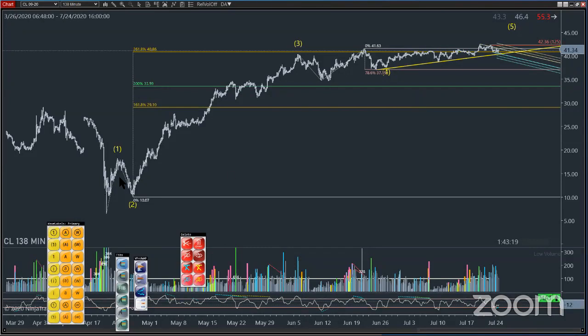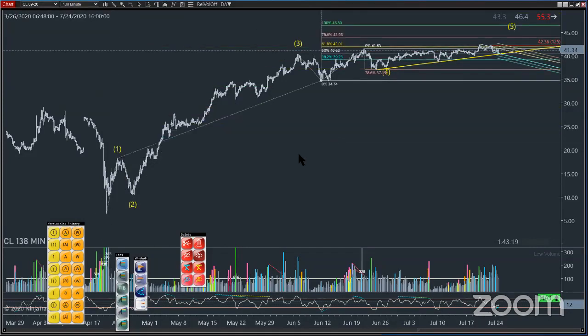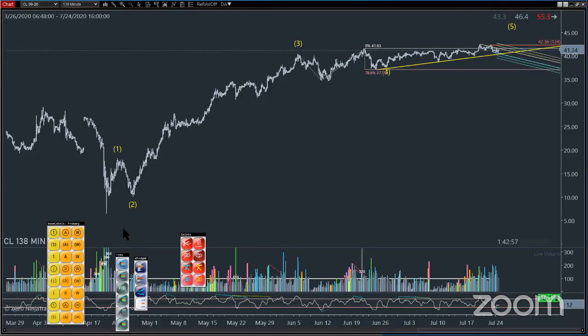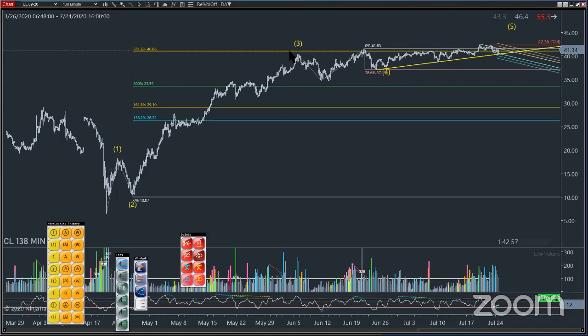All right. So let's run this extension of wave one. But notice this. If that's the end of wave three here, you see how we just barely missed that 261.8?